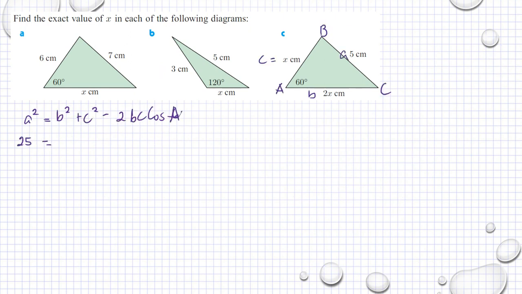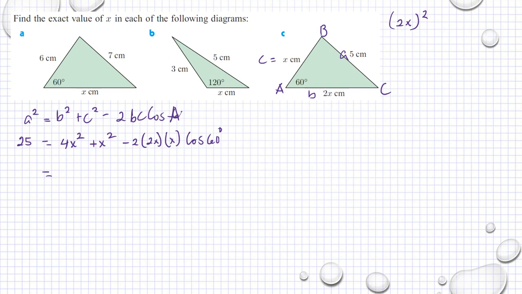B is 2x, squared that is 4x squared, plus C, that is x squared, minus 2 times 2x times x cosine 60 degrees.